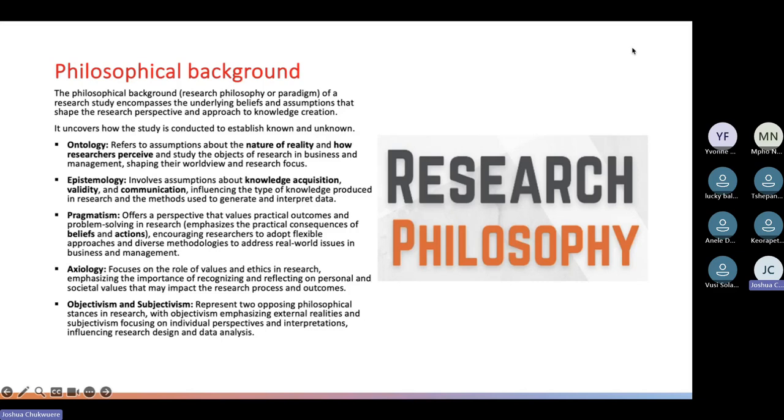Because you want to establish this philosophy, which automatically influences the choices you make as a researcher, based on what you are trying to find out, you look at that versus what the reality is in the field, and that will inform your choice of the kind of paradigm to underpin your study.